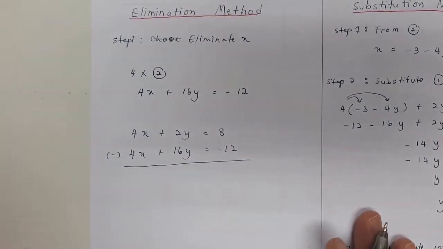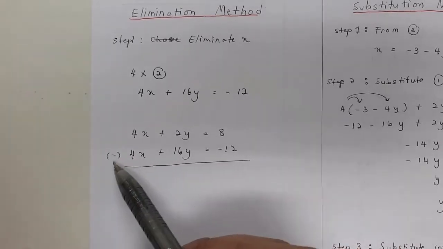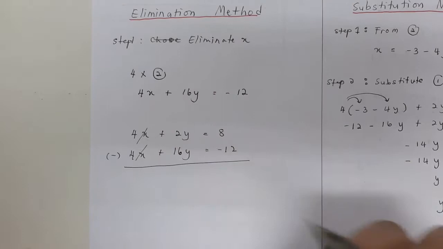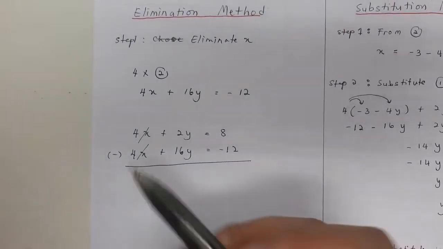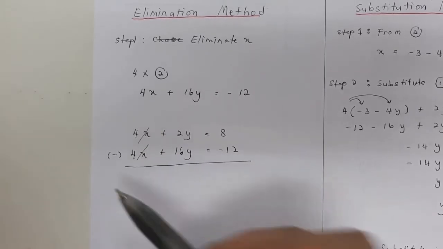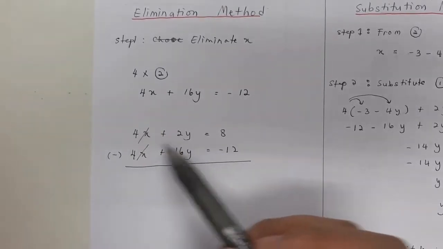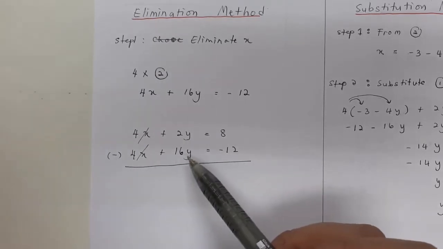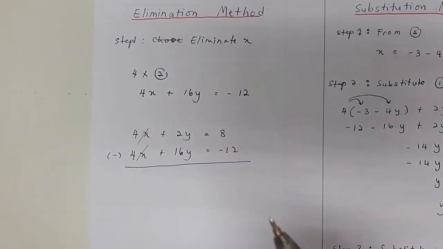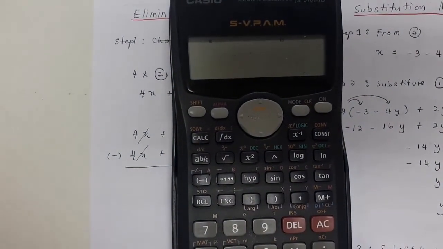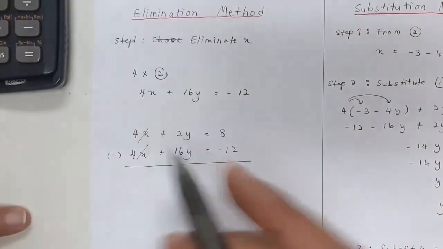Okay, now let's start to eliminate x. 4x minus 4x is 0. So since now x have the same coefficient, we can eliminate x. Proceed to y: 2y minus 16y. 2 minus 16 equal negative 14.